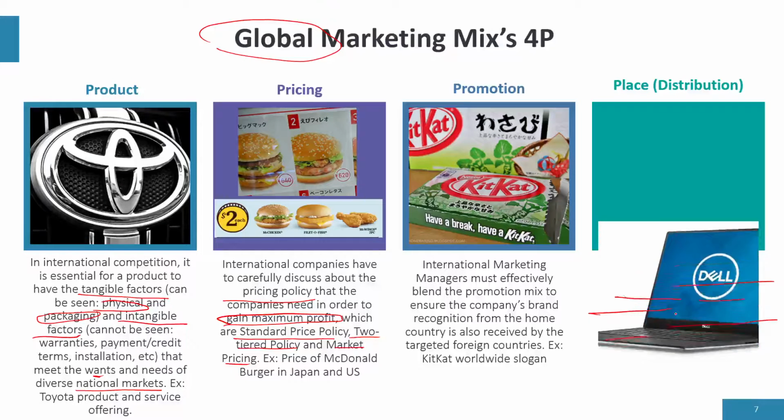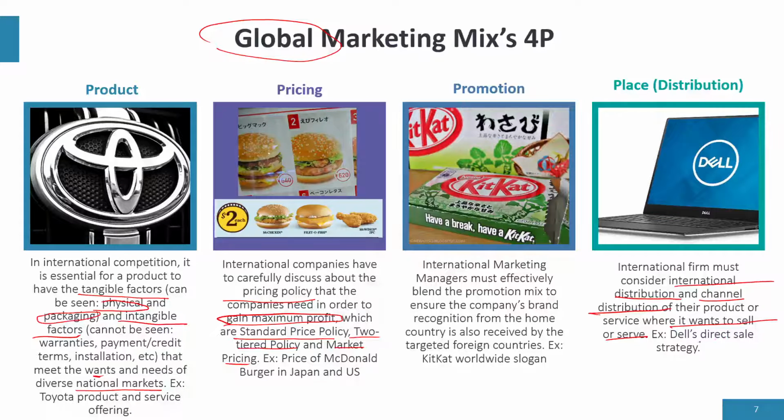A very good example of this is Dell's direct sales strategy, where at the beginning of the company they used a direct sales strategy to really take control of the sales, and to really take control of their service after sale for the customer. So that's the place and distribution.